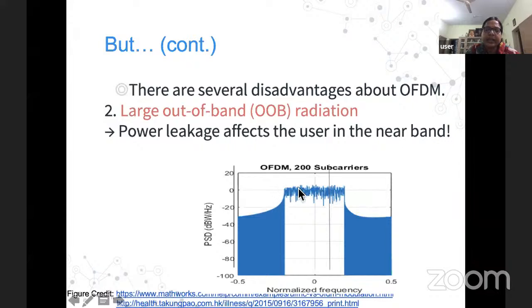For OFDM with 200 subcarriers, if you plot the power spectral density, it starts from 0, and as the frequency increases, it goes to a minimum of some minus 20 dB on the other side. So a large amount of power is deviated into the other bands. This is one of the disadvantages in OFDM.